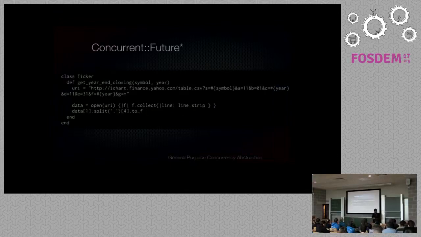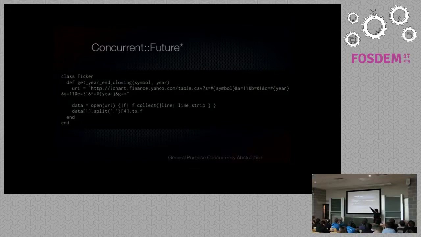Second is Concurrent::Future. A future represents a promise to complete an action at some time in the future. The action is atomic and permanent. In a typical application, we need to do some tasks which happen in the background, which don't execute in the current thread. So we can use a future.